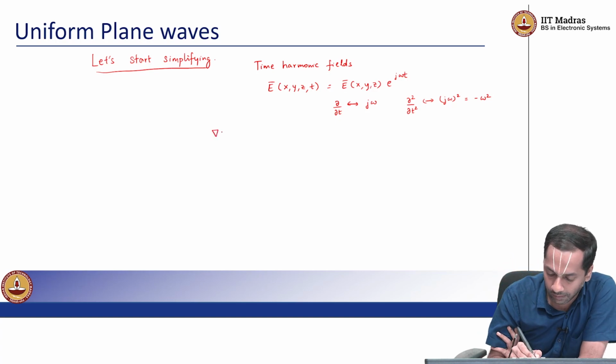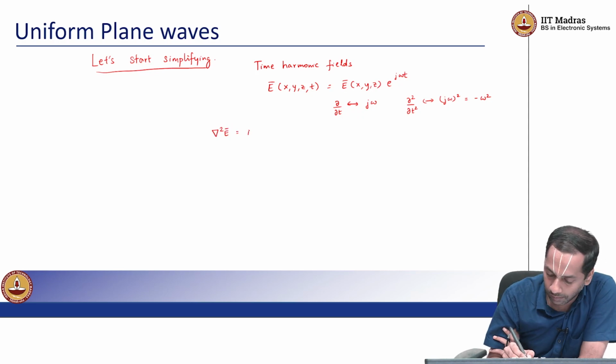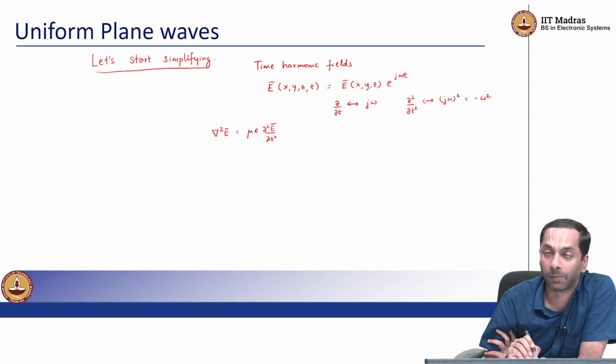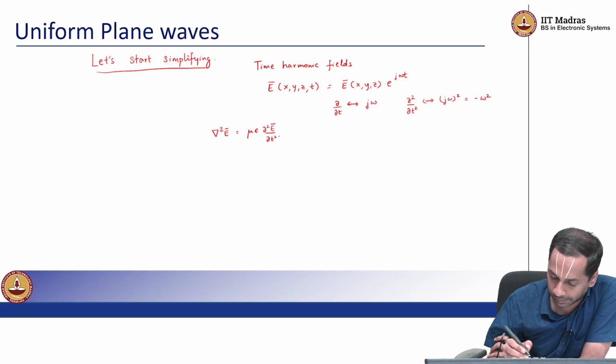So we have del squared E equal to mu epsilon dou squared E by dou t squared. Remember, these are still vectors, so for each component you can write this equation, and dou squared by dou t squared can be replaced with minus omega squared.